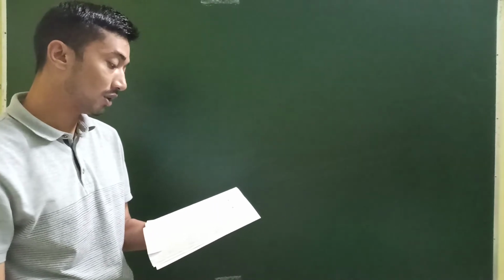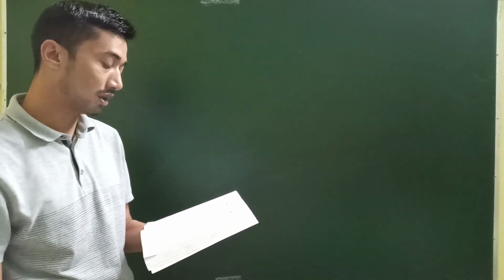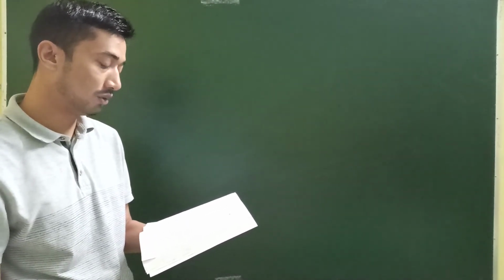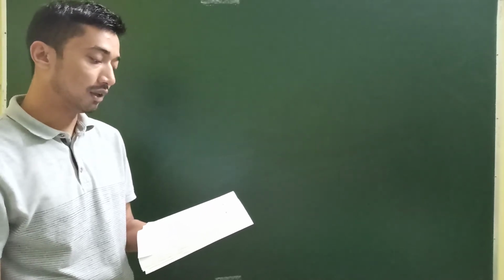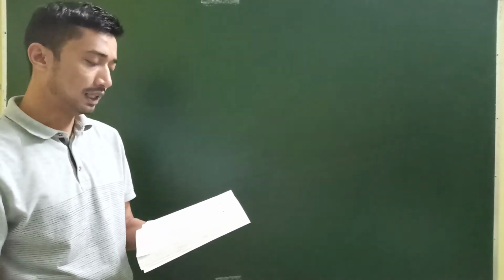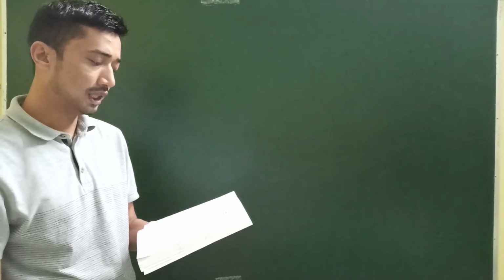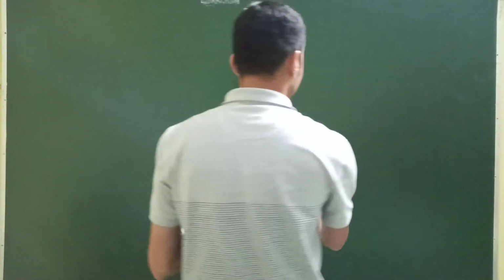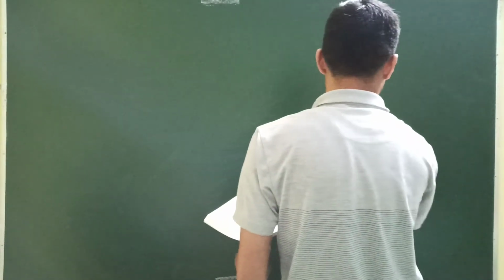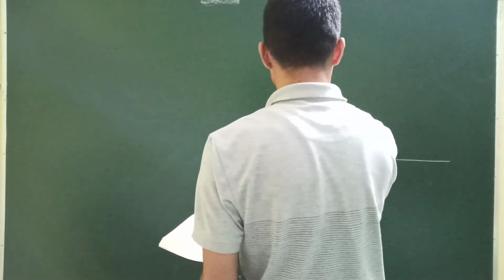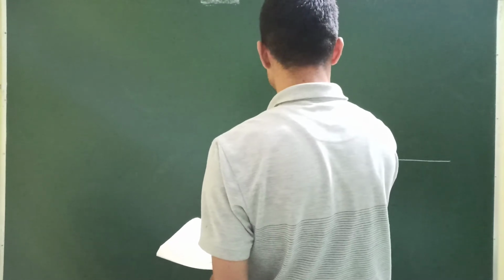It says, a 1.2 meter tall girl spots a balloon moving with the wind in a horizontal line at a height of 88.2 meter from the ground. So this is my horizontal line. There is a girl 1.2 meter tall.